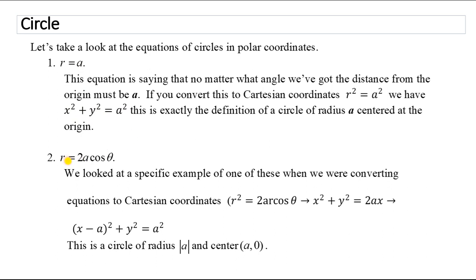Second equation, r equals a cosine theta. I need to convert this, so I multiply both sides by r.